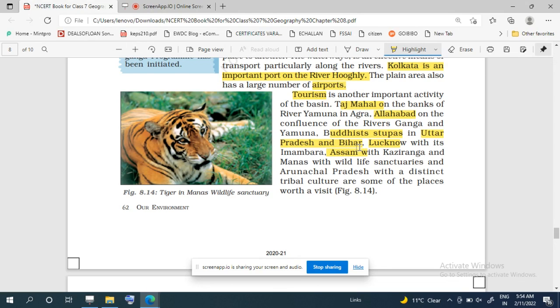Other than this, Manas Wildlife Sanctuary is also very famous there. And Arunachal Pradesh presents a distinct tribal culture. So these are the important places where people come to visit for the purpose of tourism.